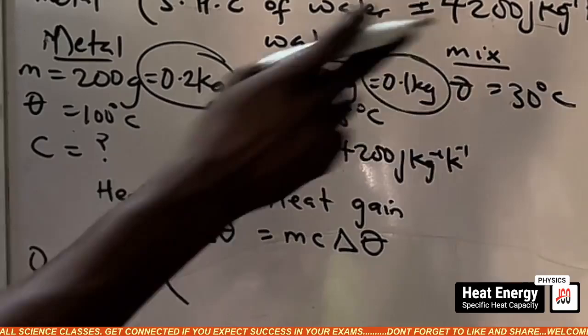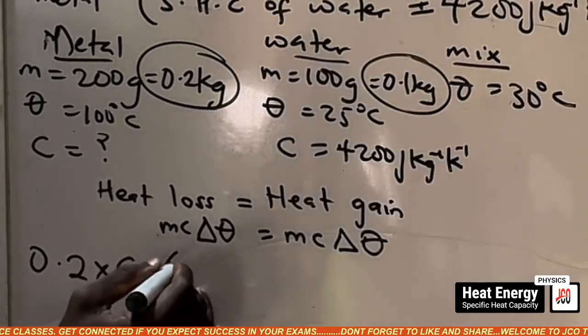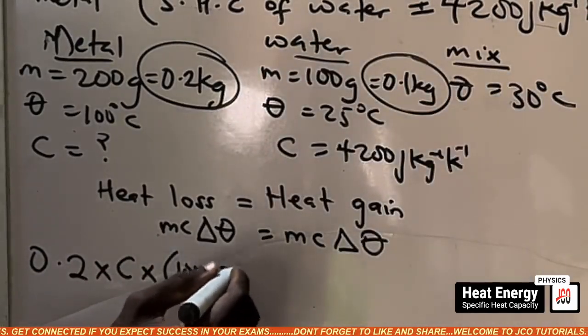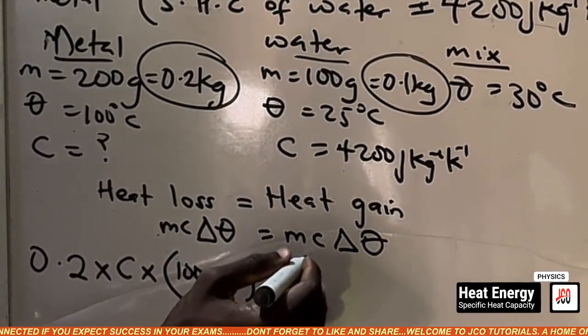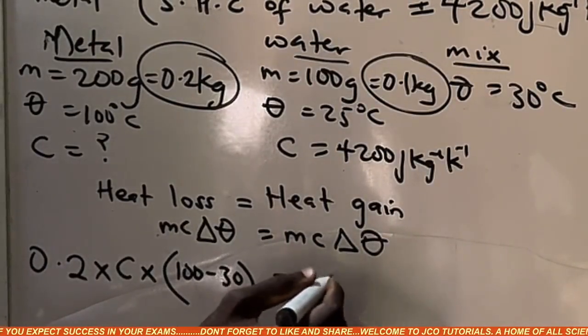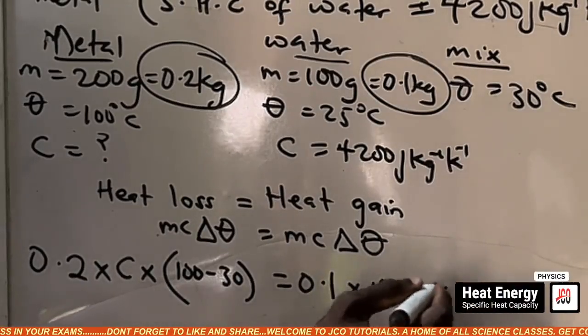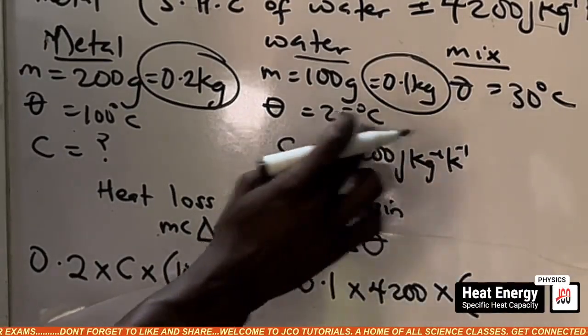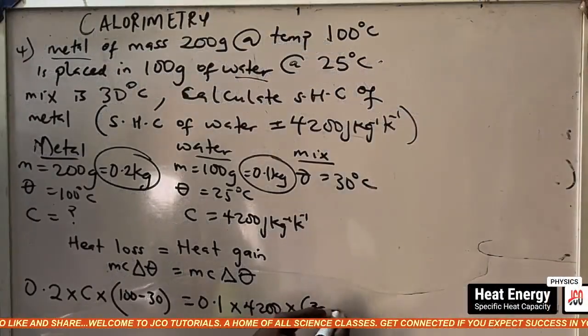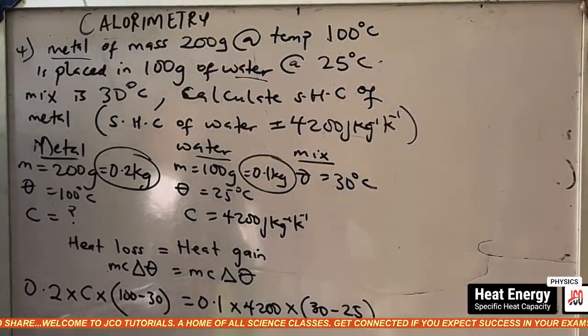It is changing from 100 to 30. That is 100 minus 30. The mass of the water 0.1 times specific heat capacity 4,200 times change in temperature. It is changing from 25 to 30. That is 30 minus 25.